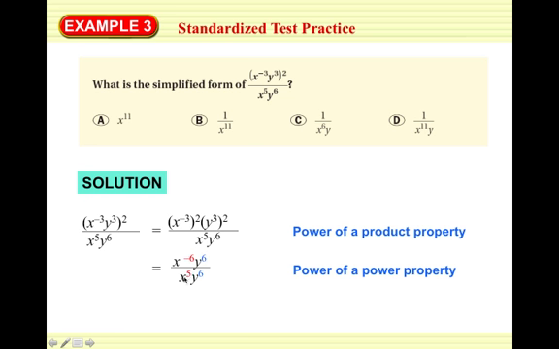And what I do is I do x to the 5 minus negative 6, so that would be 5 plus 6, which would give me x to the 11th on the bottom. And for the y to the 6th, y to the 6th, those can just cancel out. So on the bottom I'd have x to the 11th, everything cancels out of the top, and so I'd have 1, and so I would get to the same answer that we just got, which is 1 over x to the 11, which is B.